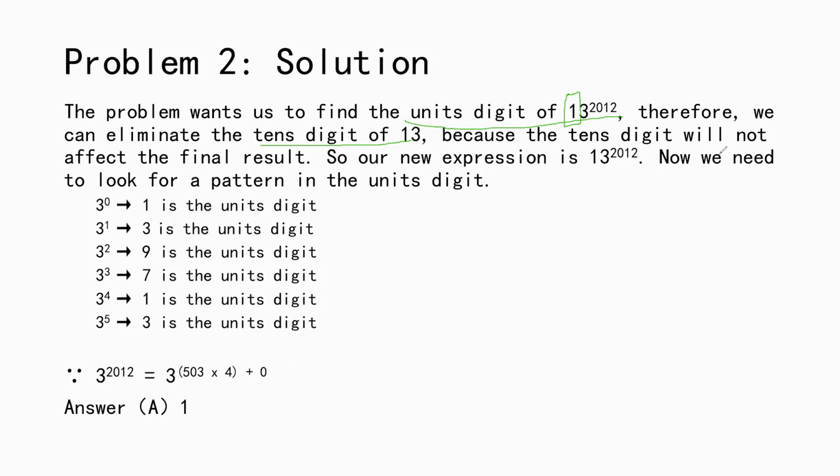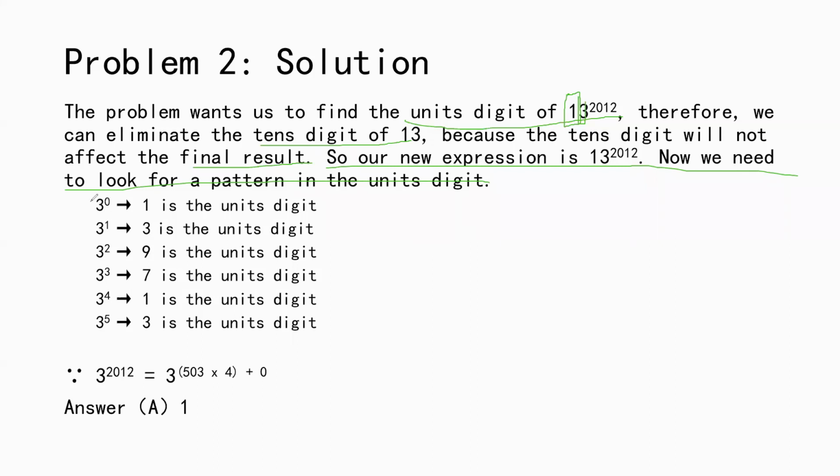The 10th digit will not affect the final result. As a matter of fact, whether this is 1 or 2 or 3, it doesn't really matter. It's the same as 0, so we only have to consider the 3. Our new expression is this. Now we need to look for the pattern in the unit digit.